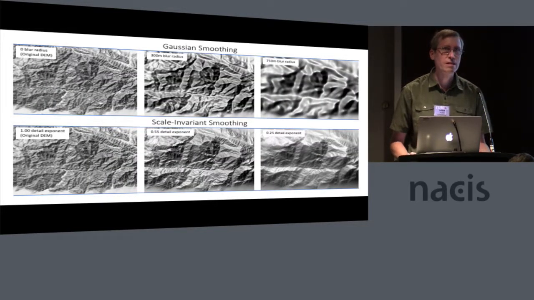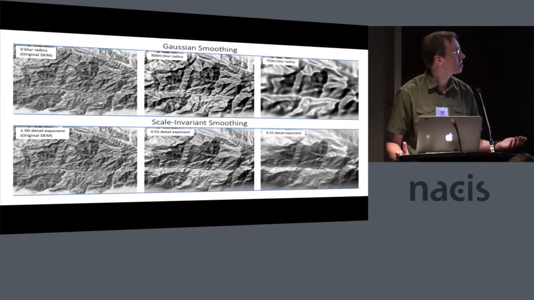The way we can fix this is by changing the way we do the smoothing, the generalization, in the shaded relief. The top row here shows a standard Gaussian smoothing technique, which has an adjustable parameter called a blur radius. Essentially, everything below that size of feature is being removed, leaving a smoother terrain.